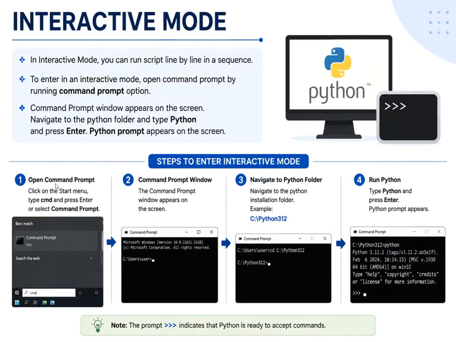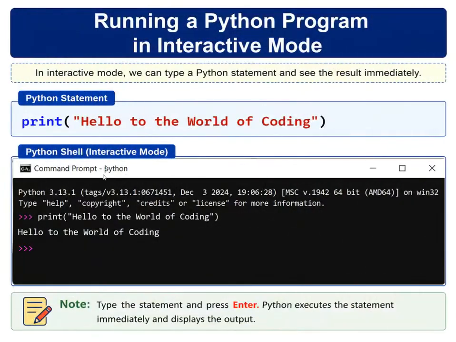For going to interactive mode, first we move to the command prompt. Then from the command prompt we move to Python. This Python prompt will appear. It indicates that Python is ready to accept commands. On this Python prompt, write print, bracket start, double quotes, hello to the world of coding.